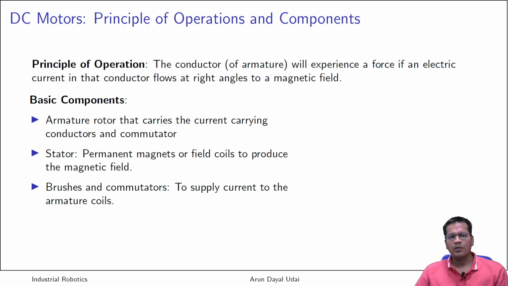Okay. So now that you know the basic components, you have seen how Fleming's left hand rule is used to create motion in a conductor. If all the conductors are fixed to the rotating shaft, it will tend to rotate that shaft. Okay, before I go further, I will show you a standard DC motor as found in toys.